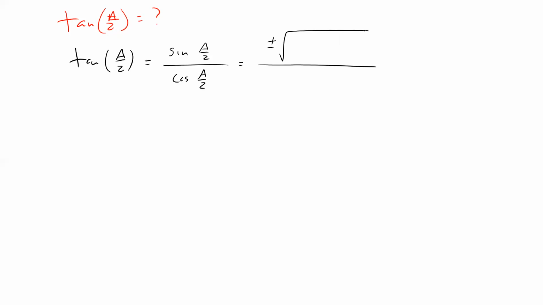I'm going to flip to it here just to make sure. So I got the half angle: sine is 1 minus cosine A over 2. Cosine is 1 plus cosine A over 2. There's my little formulas.